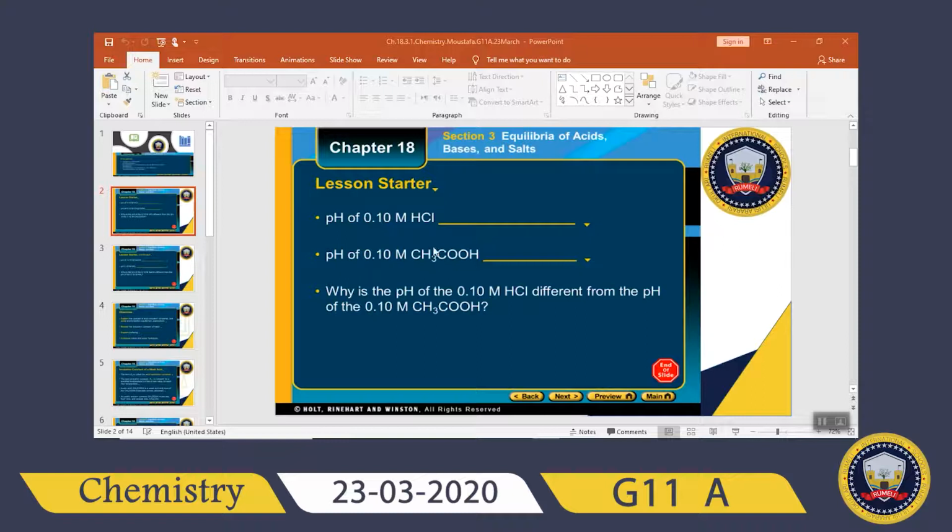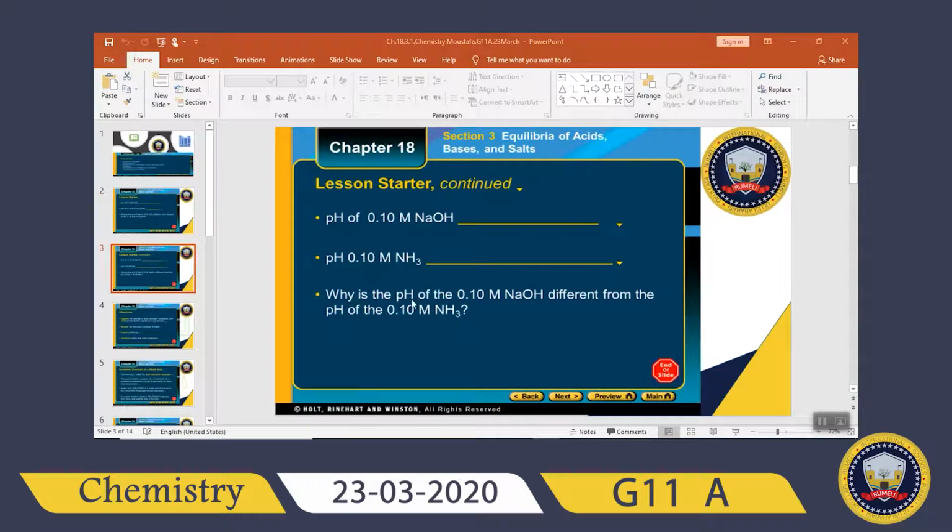But CH3COOH is a very weak acid, so only a small amount of this H will ionize to form hydronium ion. So the pH of HCl is less than the pH of CH3COOH. So HCl is a strong acid and CH3COOH is a weak acid.